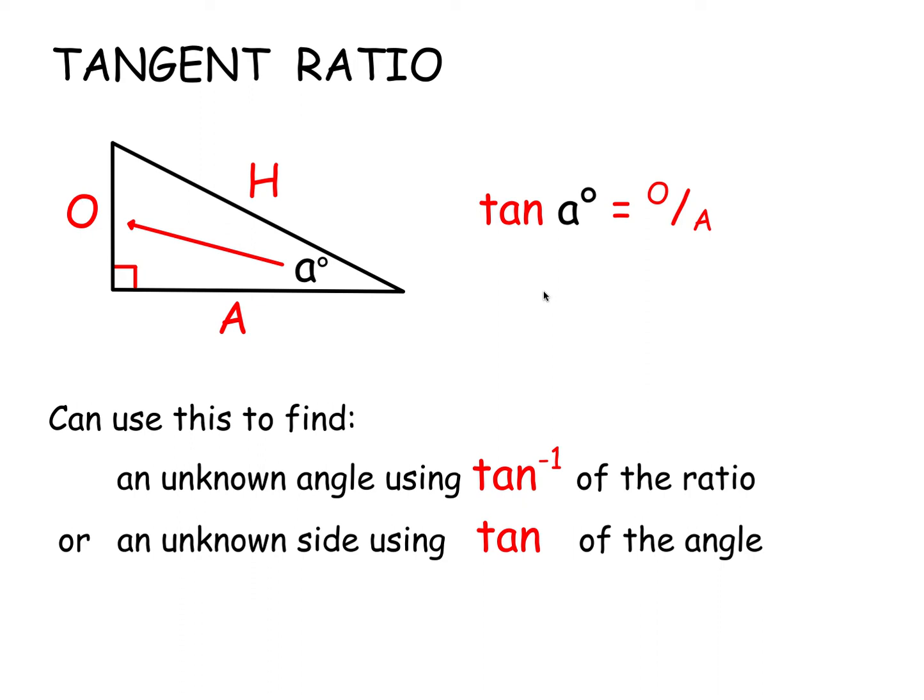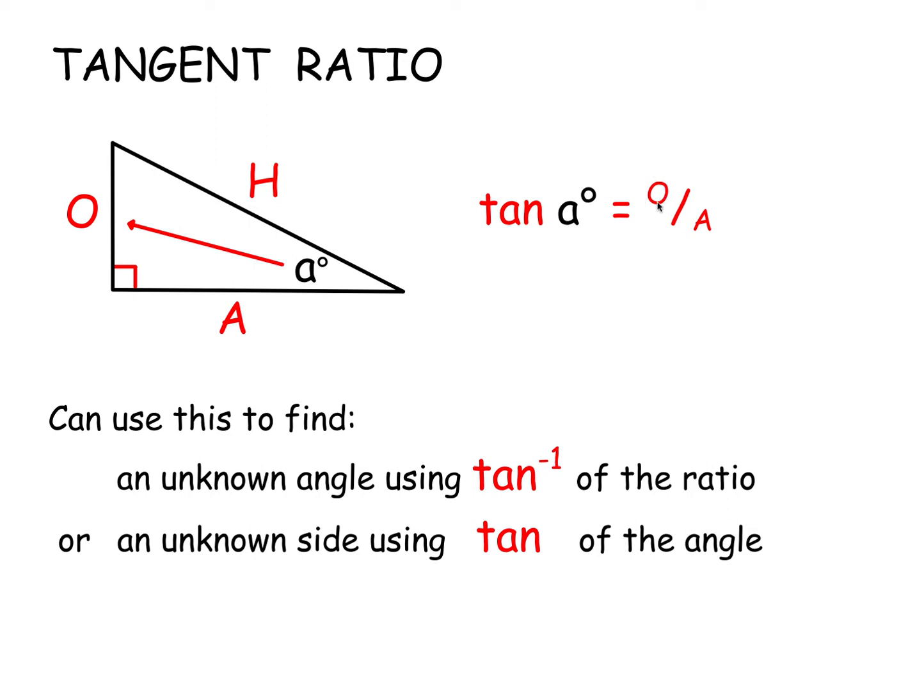There are three different kinds of question. Finding the unknown angle given the ratio: what you did was inverse tangent the ratio, and it will tell you the angle. Second case was where you're told the angle and you're finding a side.